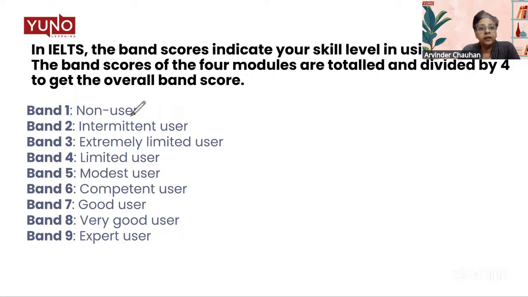Band 1 is the lowest score, wherein the person is a non-user. Probably this person would not know anything about English, may not even be able to speak a single sentence of English. Band 2 is an intermittent user, and band 3 is an extremely limited user. Band 4 is a limited user. Band 5 is a modest user.